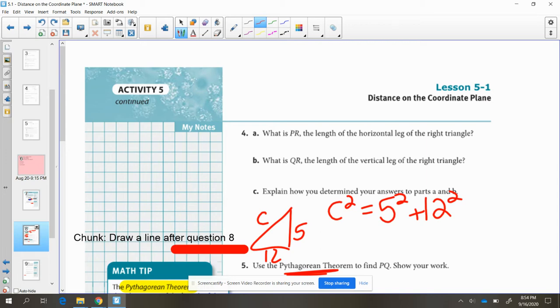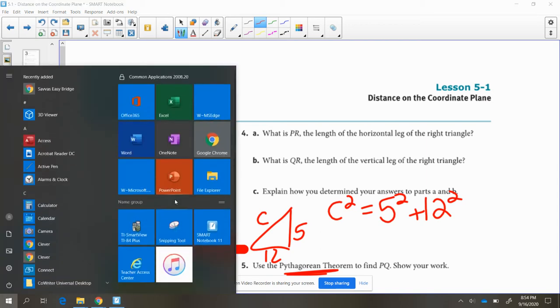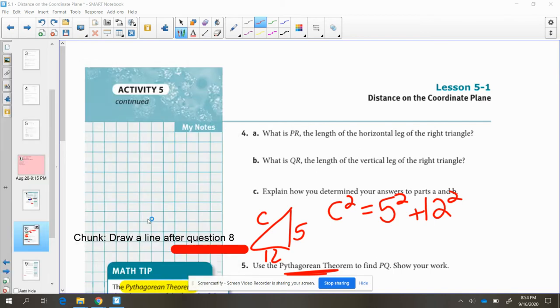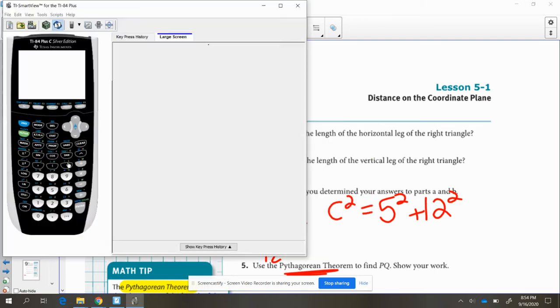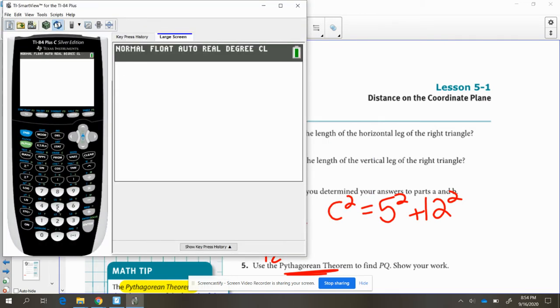And if we take our calculators, which if you don't have that out, like myself, make sure you get that out, we are going to type this in. So 12 squared and 5 squared are 144 and 25. Or we can let our calculator do it. 5 squared plus 12 squared equals 169.